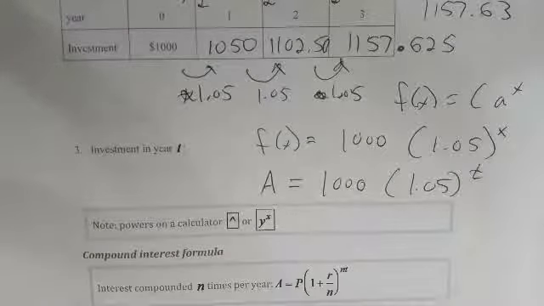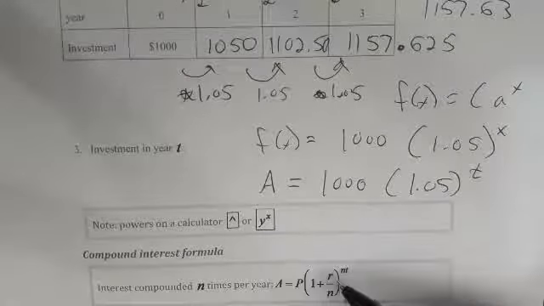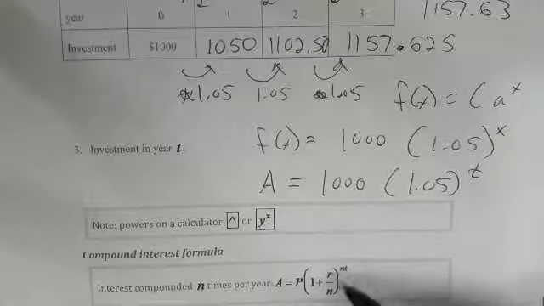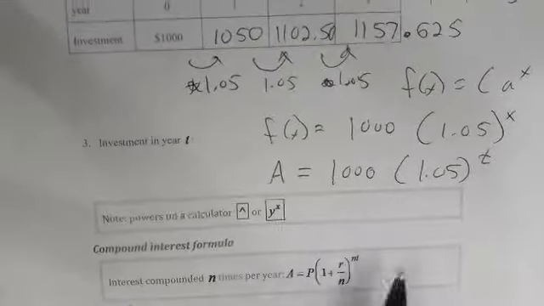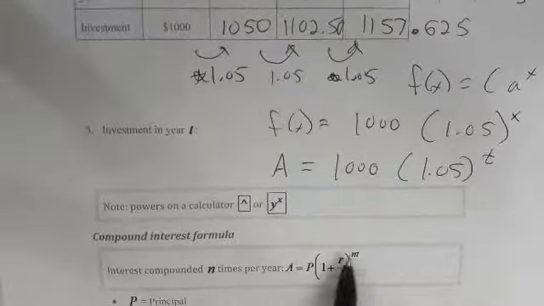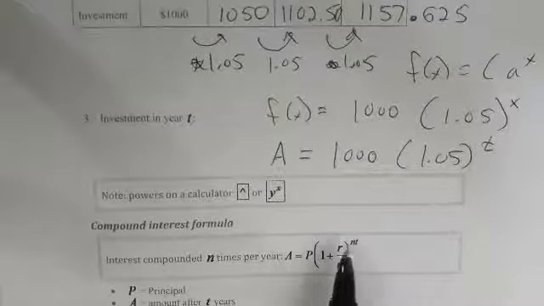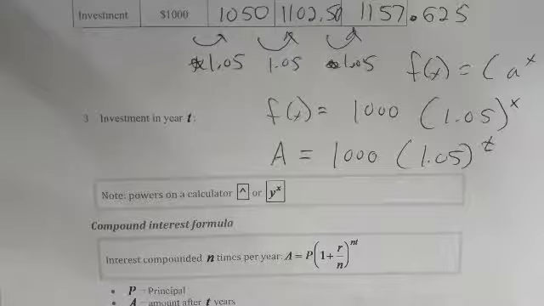If n is not 1, there are two things we have to do. One thing is the rate changes. So our interest rate is going to change. If we do it 4 times per year, or quarterly, n would be 4. We would have to divide our interest rate by 4 to get the quarterly interest rate.